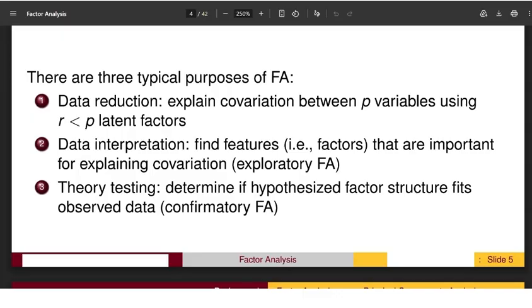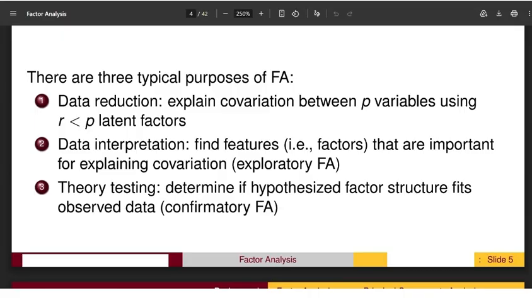The same thing in factor analysis. In factor analysis, the number of hidden factors that were not observed initially should be less than the number of correlated variables. And that is what we call data reduction.